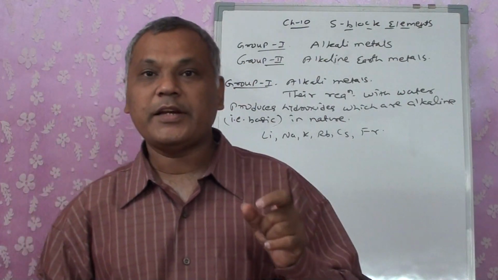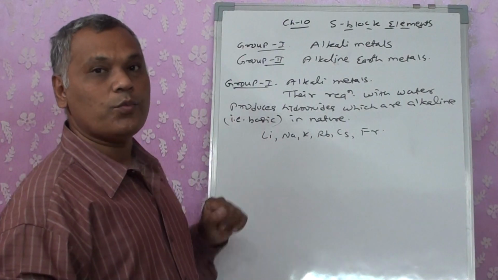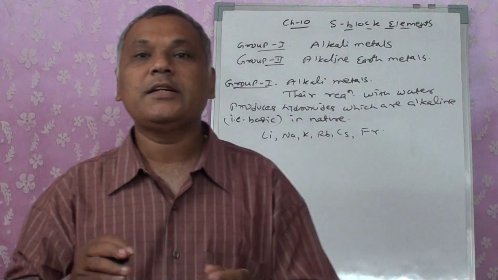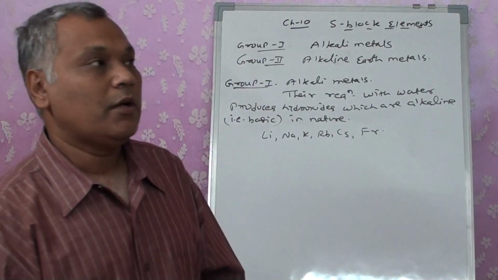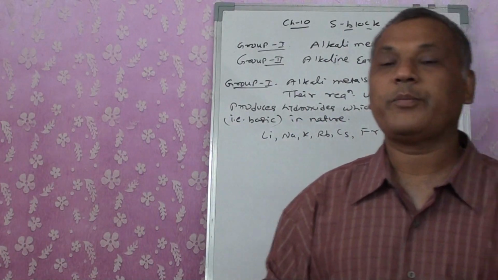So it is placed in the center, and that's why we don't include it in this group. We study it as a separate element, in chapter number 9, a whole separate chapter on hydrogen.